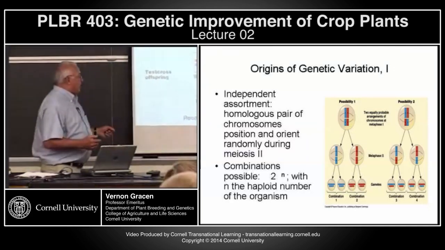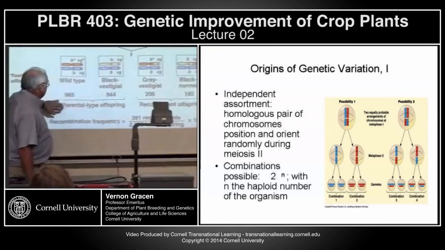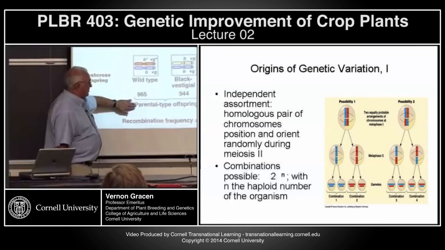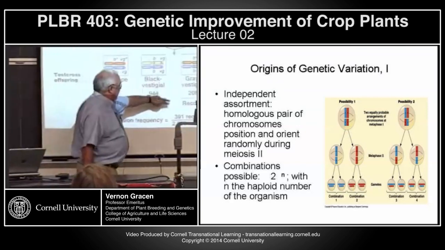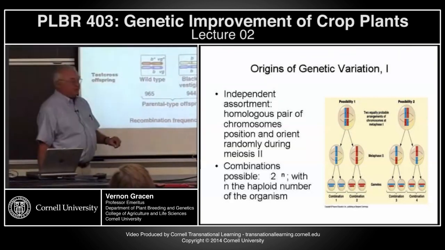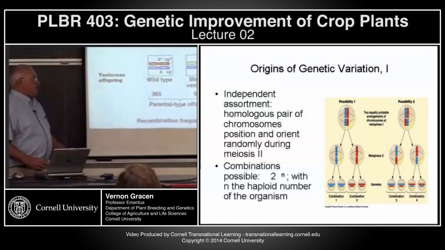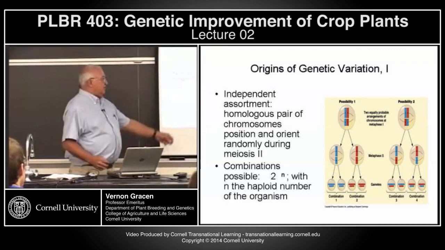And so in this case, we came out with most of our offspring parental type. 391 total were recombinant types. So we had 2,300 total offspring. 391 showed recombination.